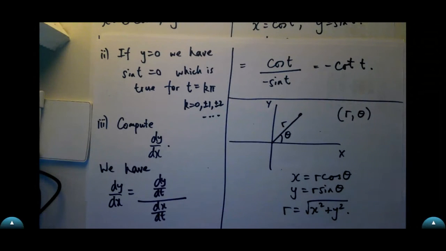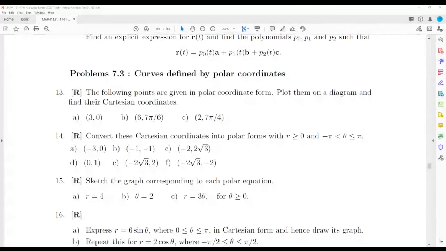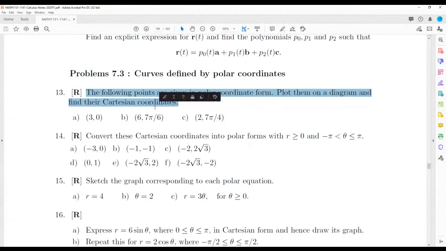So let's have a look at the PDF, and we can do some problems. Question 13. The following points are given in polar coordinate form. Plot them on a diagram and find their Cartesian coordinates.